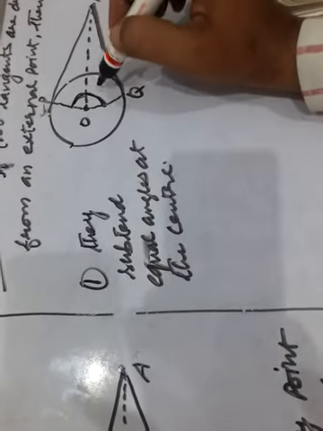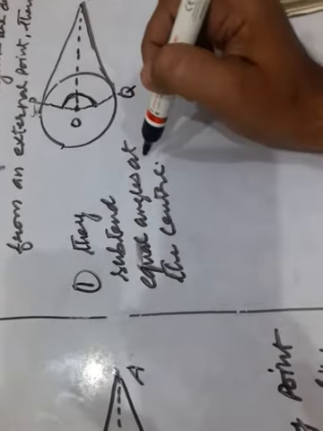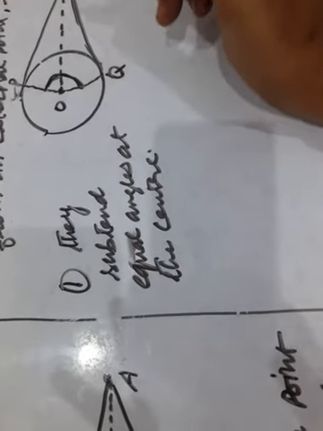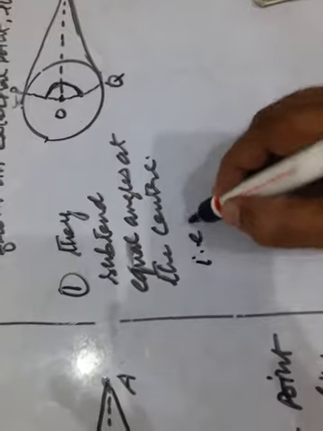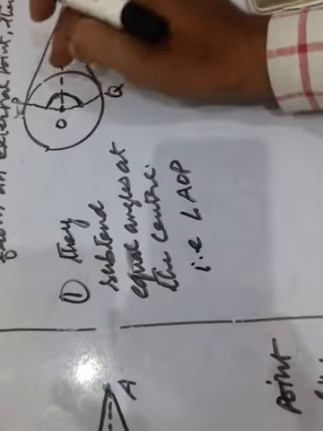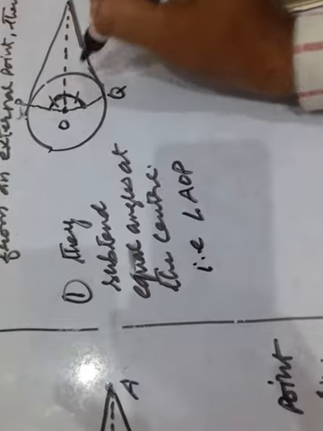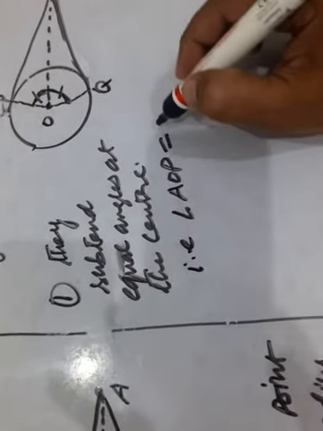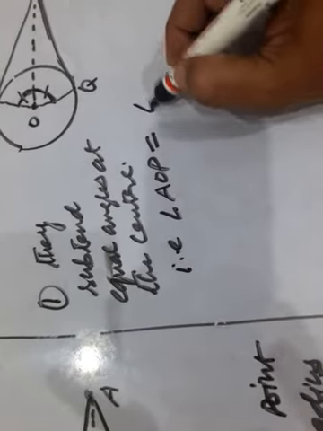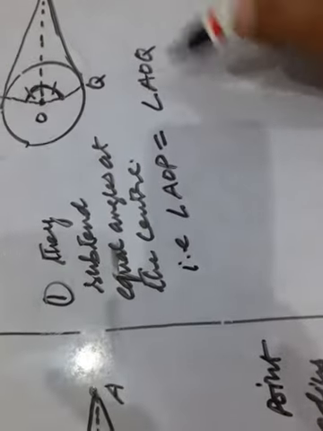I want to say that they subtend equal angles at the center. What does it mean? It means that angle AOP, this angle, is equal to this angle, right? Angle AOP equals angle AOQ.